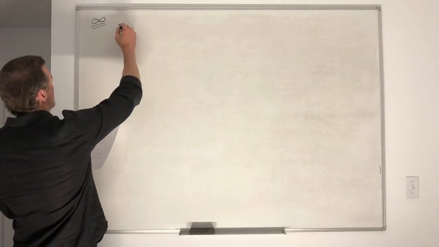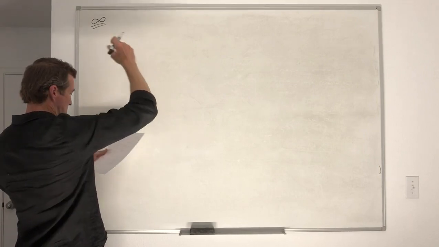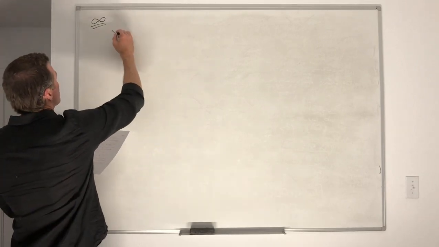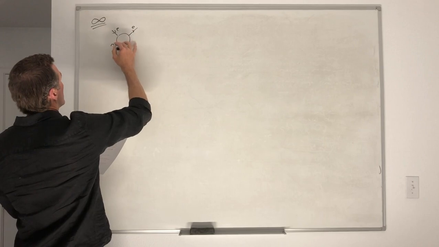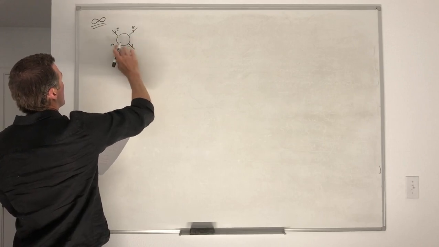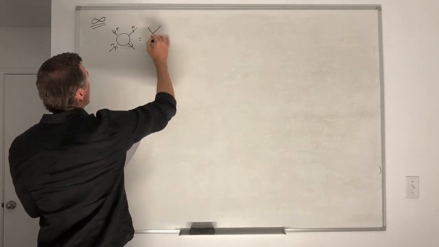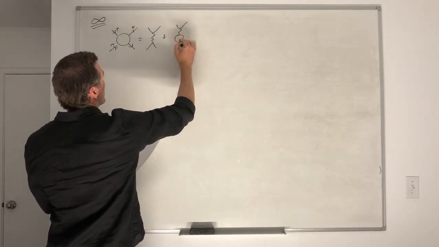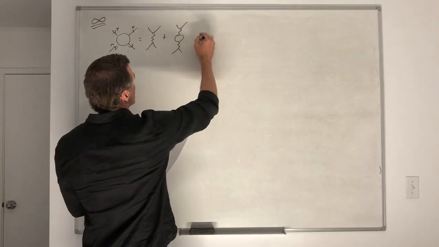So let me start by making the following observation. Okay. So first of all, in QED, this guy had a tree level contribution plus a one loop contribution that we have to consider if we want to consider the renormalization of the charge.